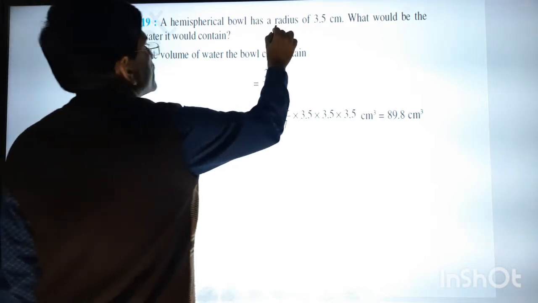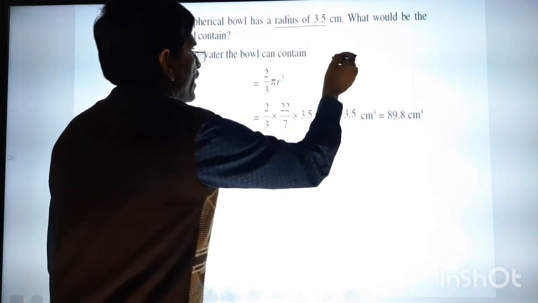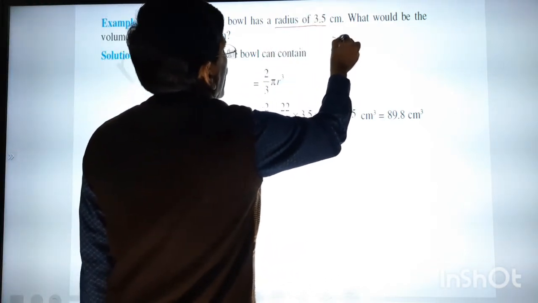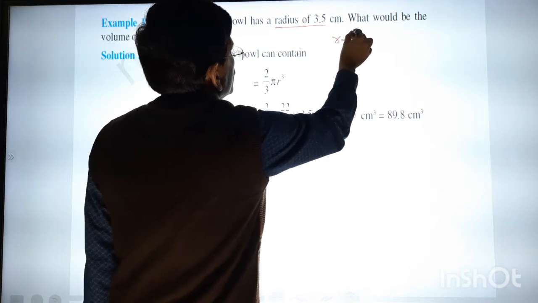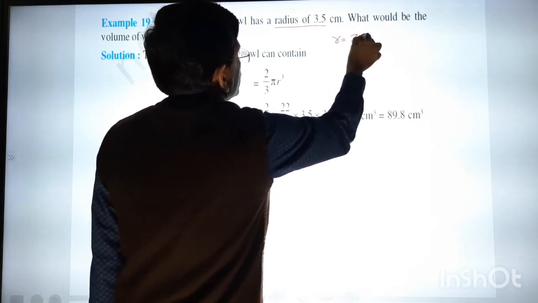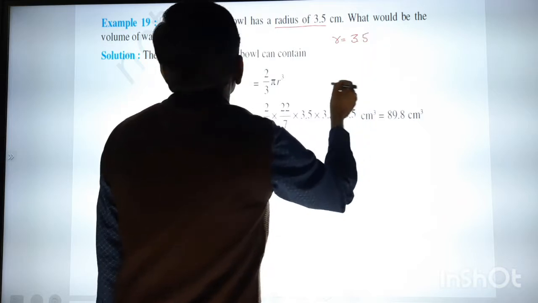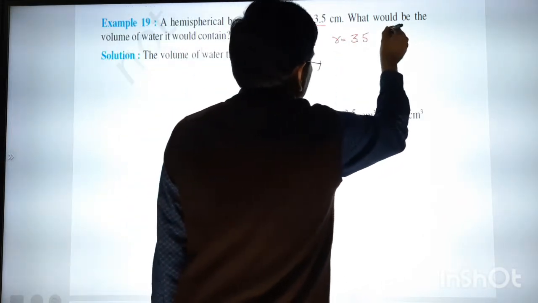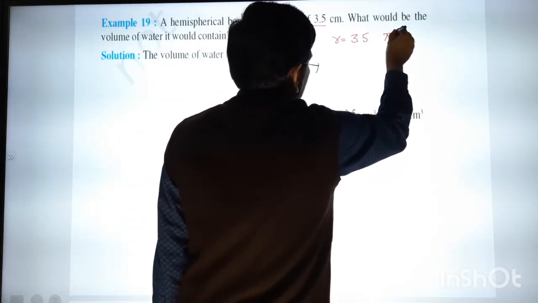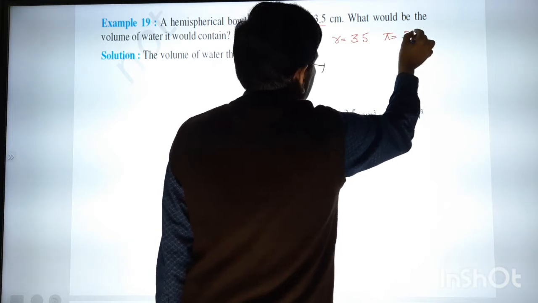Remember it. Radius is given as 3.5. So I have to write r is equal to 3.5. And pi value is not given. So I have to write pi is equal to 22 by 7.